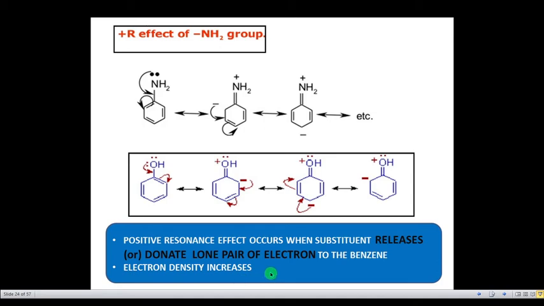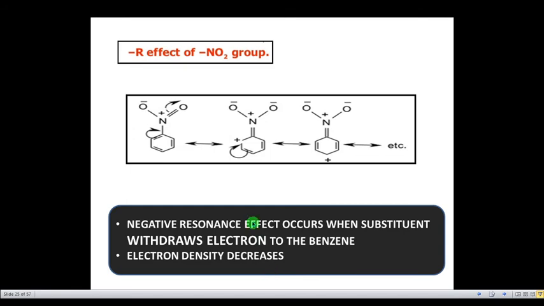Now what will happen in the negative R effect or negative M effect? For example, there is a nitro group present here. This nitro group withdraws the electrons from the carbon.